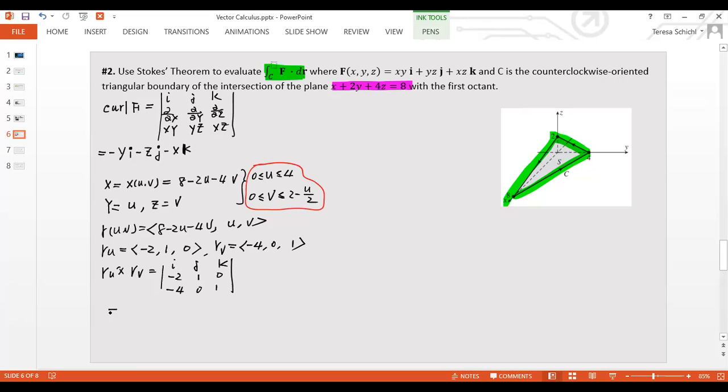I calculated this to be i + 2j + 4k. Finally we can do that.